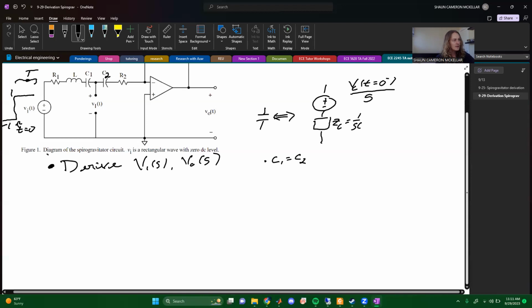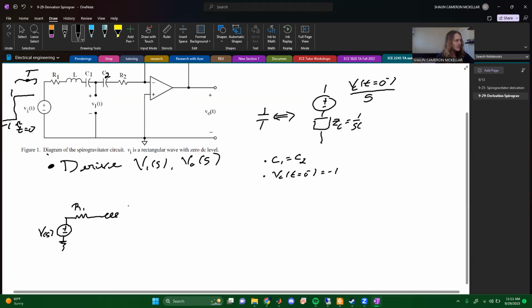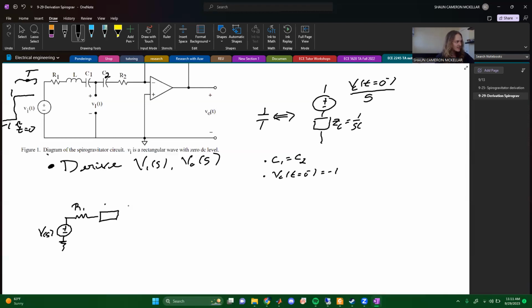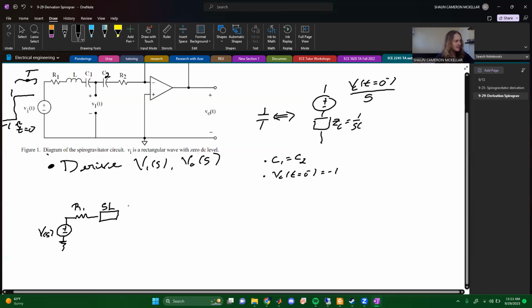We also know that VC at t equals 0 minus is equal to -1. Now we can do our Laplace transform fully. We have our voltage source V of S, since we're in the frequency domain now, that's grounded. Then we have our resistor R1. We have our inductor, which I model as an impedance because we're in the frequency domain, S times L, that's Z sub L right there.